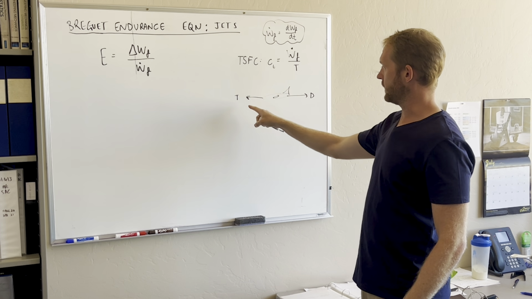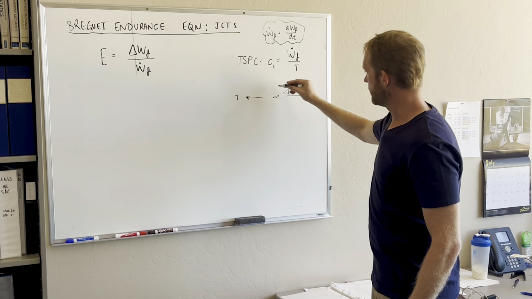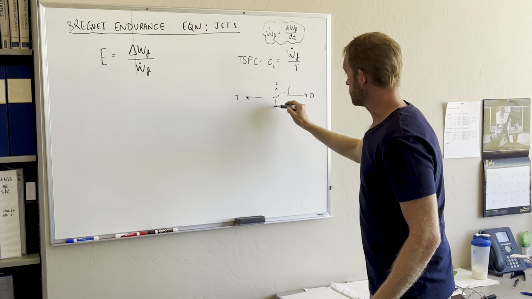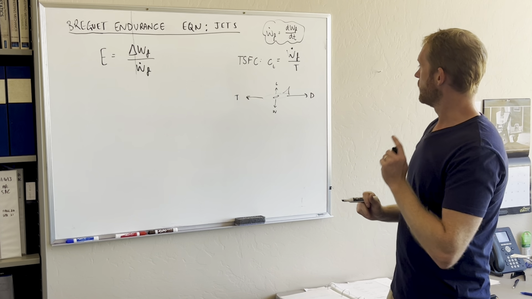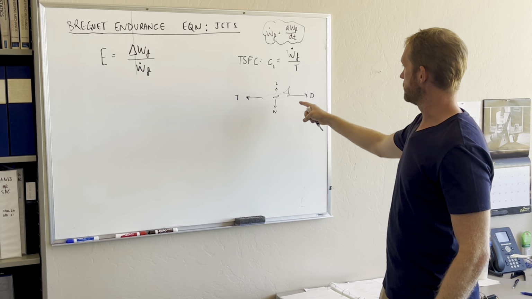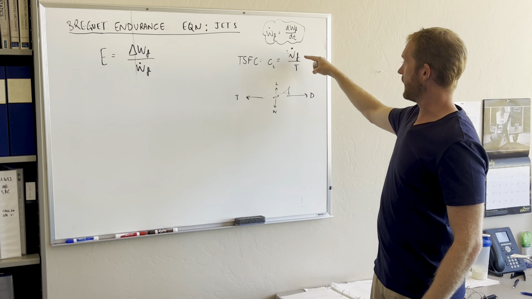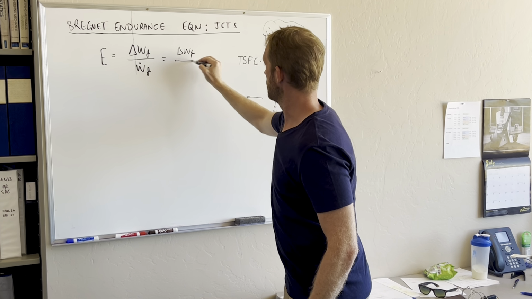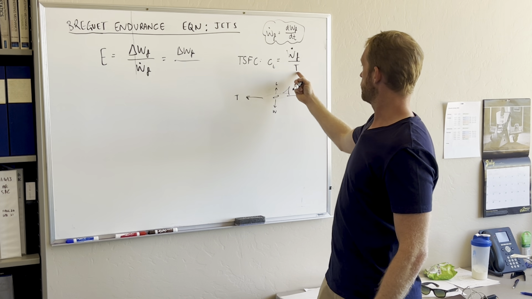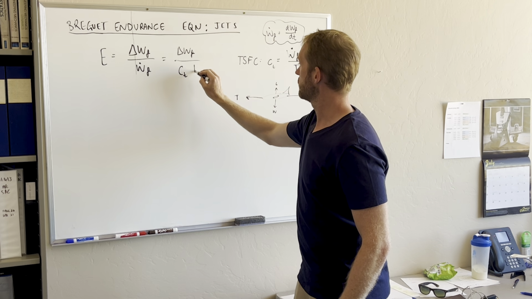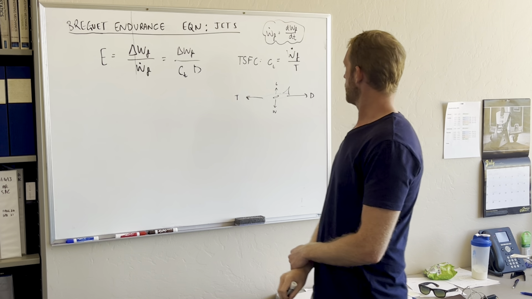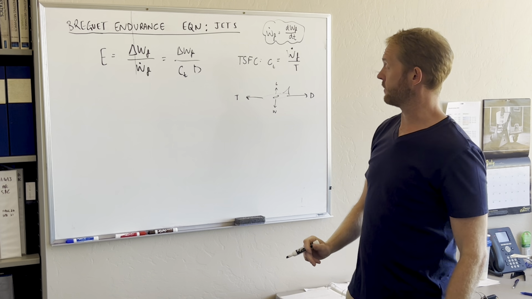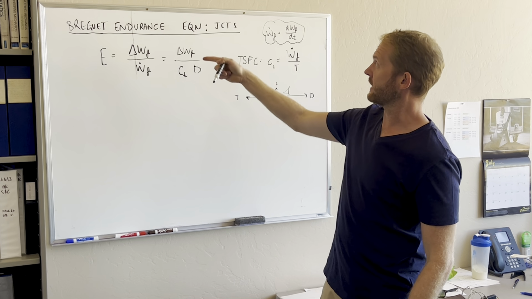So if we're at constant speed, then thrust is equal to drag, and likewise, if we're at constant altitude, then lift is equal to weight. So specifically what that means for this formulation is that we can just replace WF dot with delta WF. So if thrust is equal to drag, then this just becomes this, right? So that's where we're going to start with our derivation of the Breguet equation.